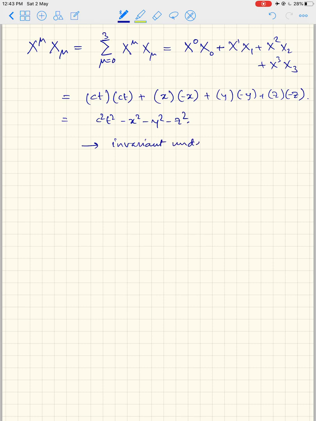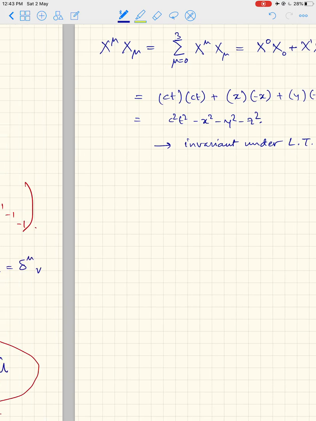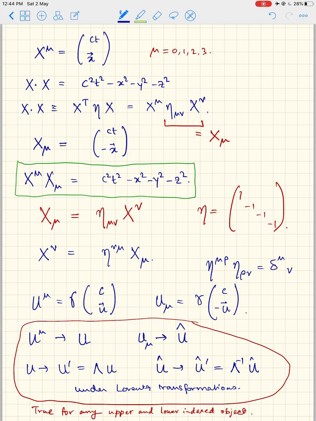under Lorentz transformations. Okay? This is always going to happen with any two indexed objects. So if you have something like two vectors, this is always going to happen. Let me try and explain that a little bit more. So we have defined x mu downstairs as this. You can think of x mu downstairs as eta mu nu x nu upstairs.